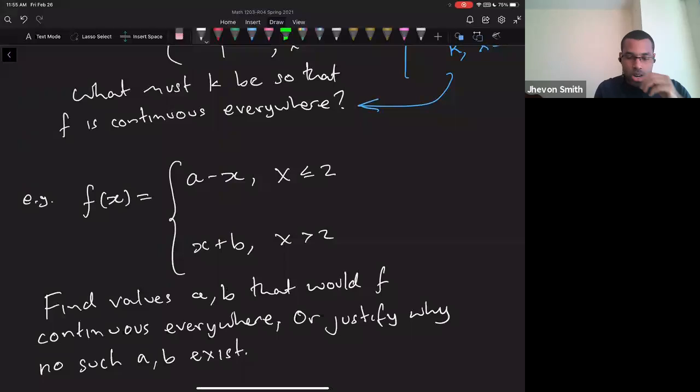So how would you actually figure out what these have to be? Well, you need to force the situation that causes continuity at 2. It means you need the value of the function to be equal to the limit at that point.